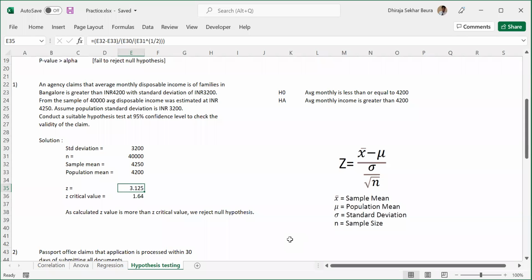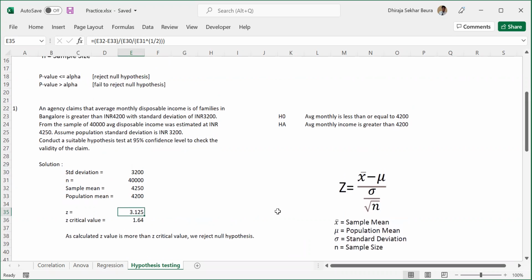Okay. Now, the moment you have calculated this, how do we take a call? You compare the Z value that you have calculated with the Z critical value, which we have already discussed, 1.64 in this case. Z value is more than Z critical value. Yes, it is more. Then we say we fail to reject the null hypothesis.